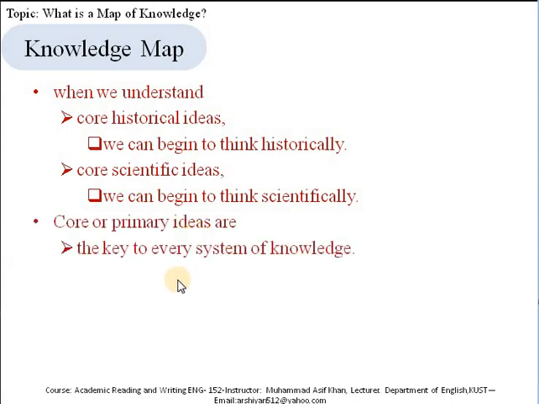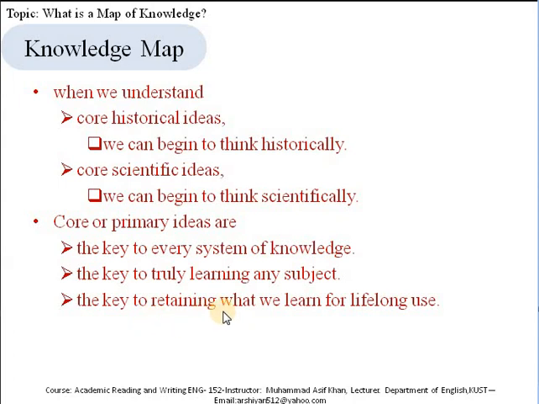These ideas are key to the real understanding or real learning of any subject, and they are helpful to retain that knowledge when a person wants to learn that subject or that branch or discipline of knowledge.